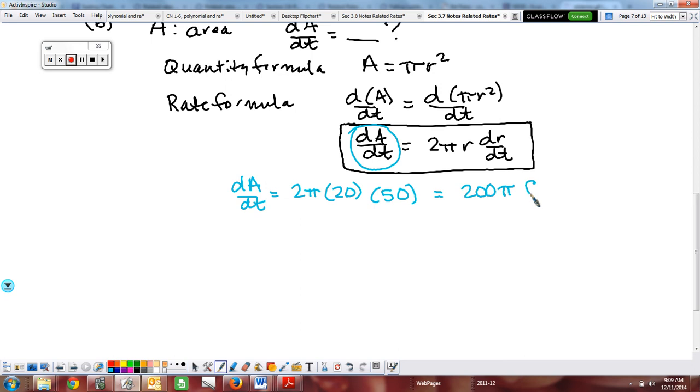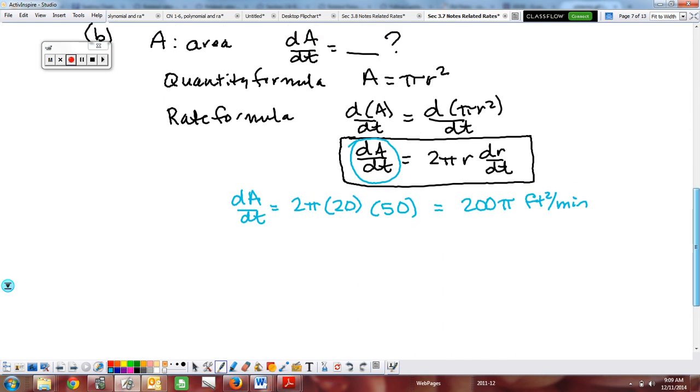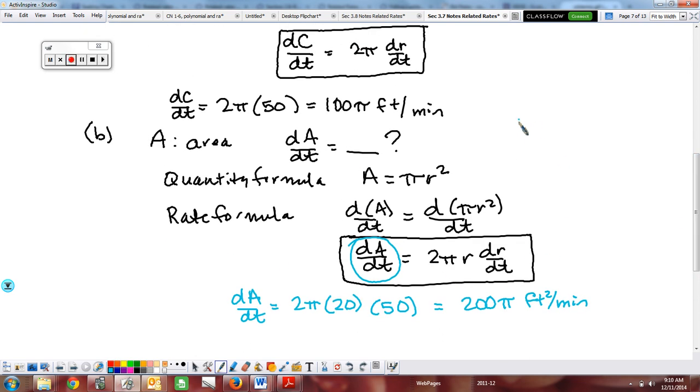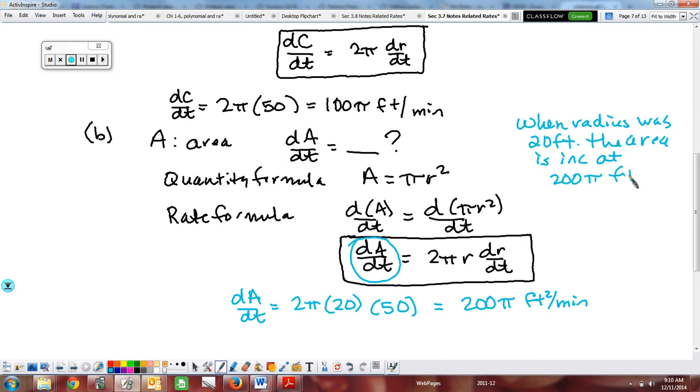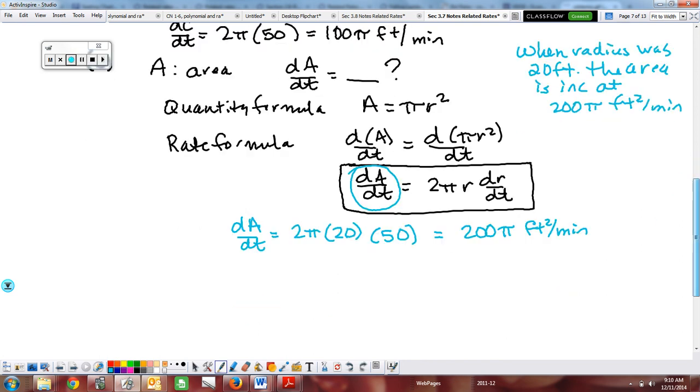And don't forget your units, feet squared per minute, because it's area over time. And then we answer the question for the second part. When the radius was 20 feet, the area is increasing at 200 pi feet squared per minute. So there's B, done.